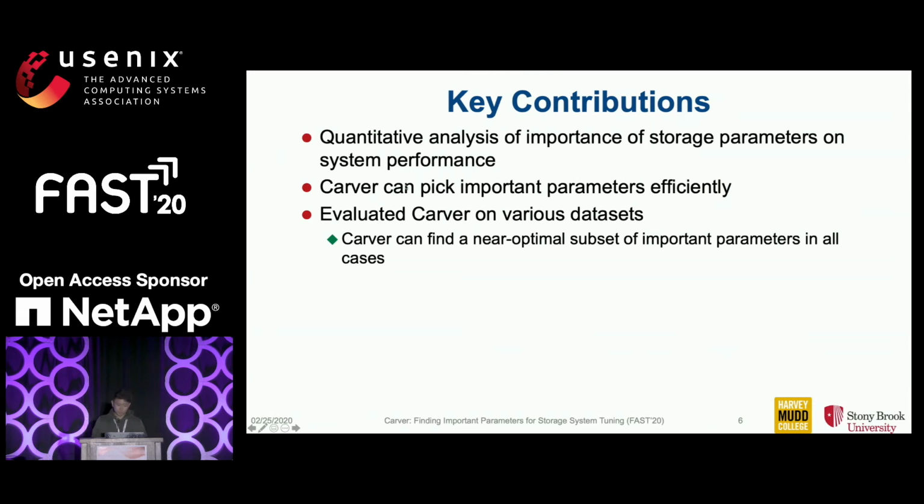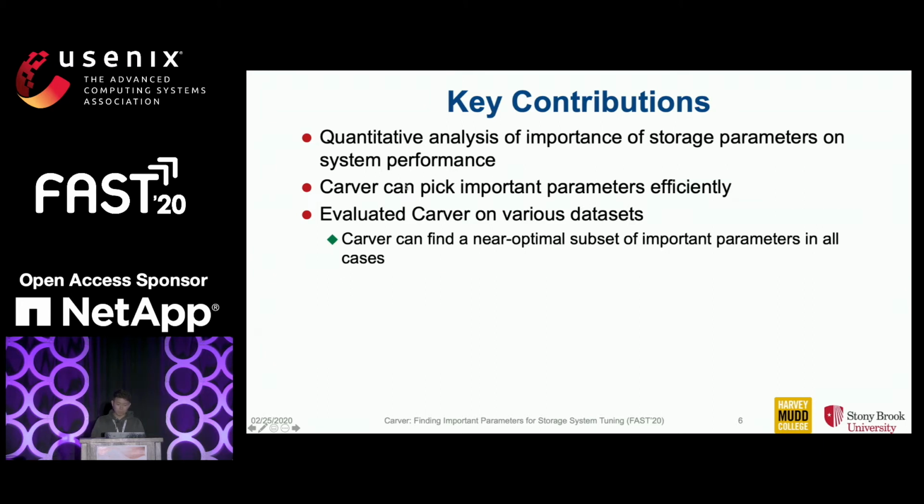The key contributions of our work can be summarized as follows. We provided a quantitative analysis on the impact of storage system parameters for 7 different file systems and across 4 different workloads.